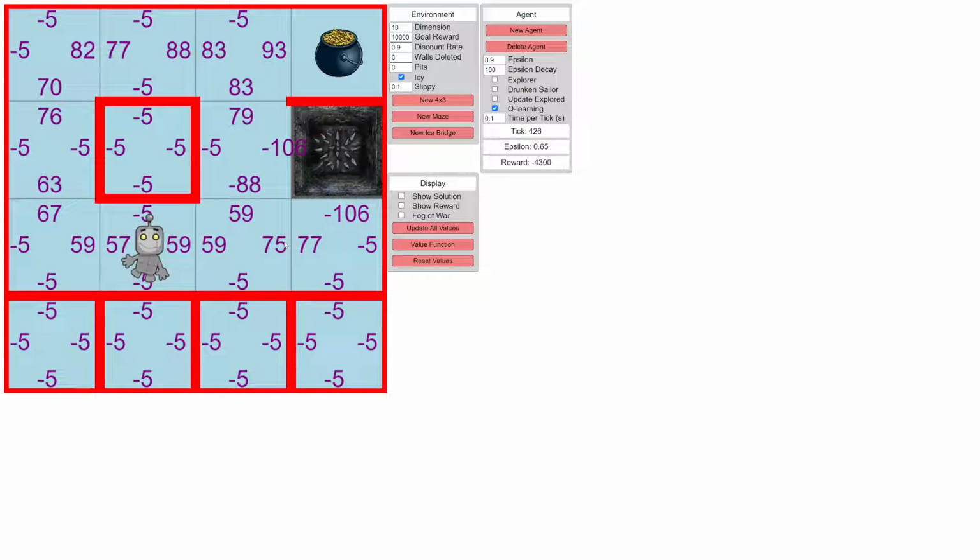Now, I'm curious to see, it's still learning, but I'm curious to see what its values are going to be for the two paths. So right now, it looks like it thinks going up is better than going to the left. Ooh, see now it's, okay, we saw that number change.